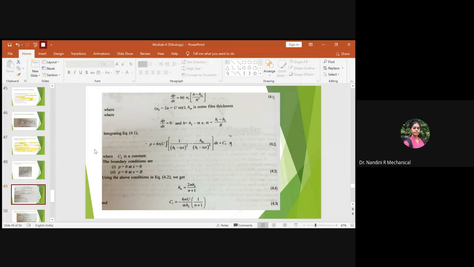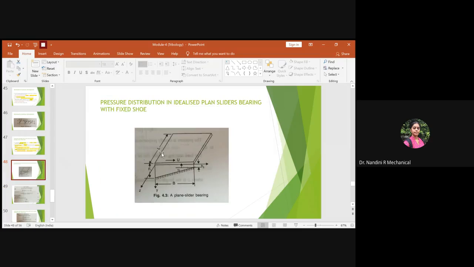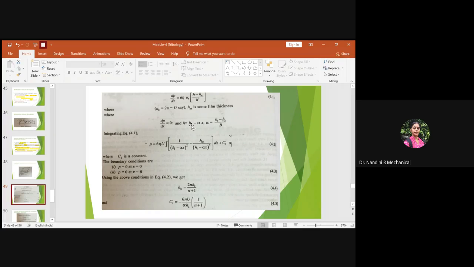So you know what is H1. The actual H will be equal to H1 minus alpha times X, this distance. So this is H1, this is H2. They have taken this distance as X, and alpha is the inclination with which the bottom surface has been inclined. So they will be taking H is equal to H1 minus alpha X.